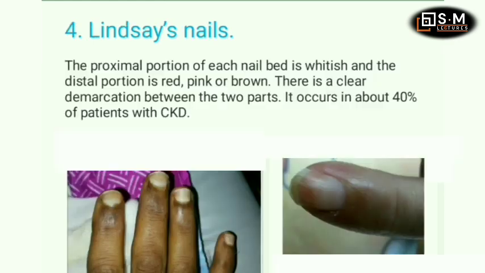So then the next sign is Lindsay's nails. The proximal portion of each nail bed will appear whitish, and the distal portion is red, or it may be red, pink, or even brown.